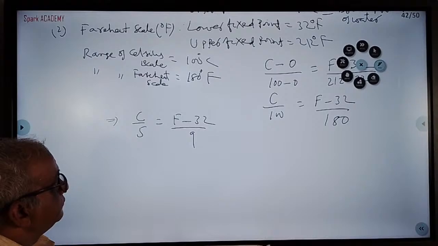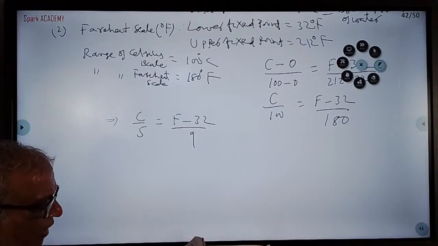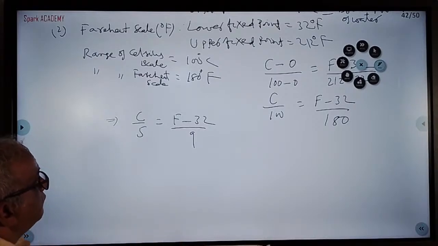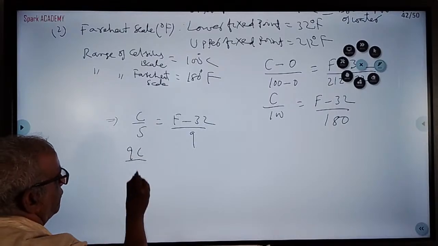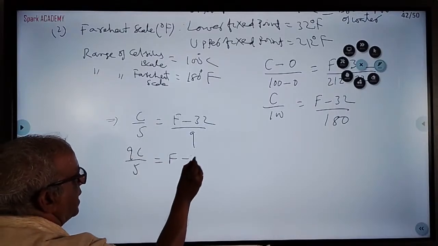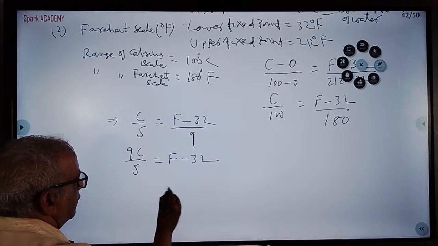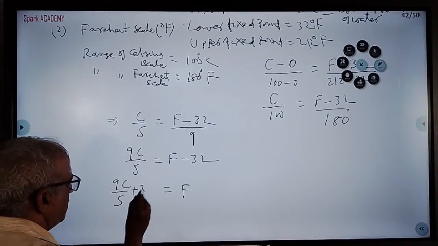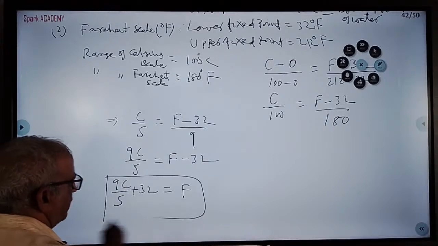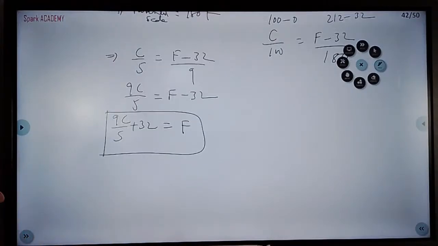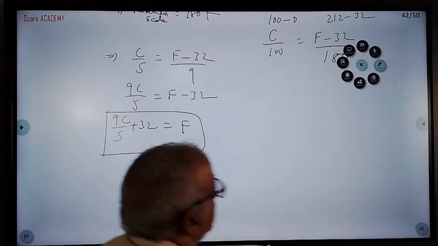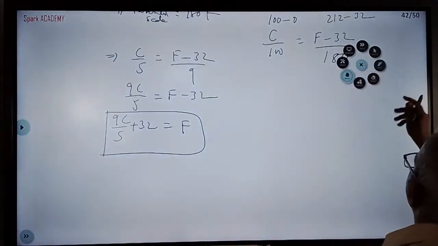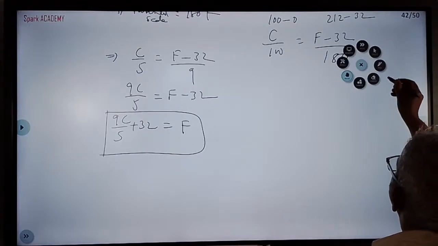So Fahrenheit is equal to 9C by 5 plus 32. I'll show this completely in one place and draw a graph.